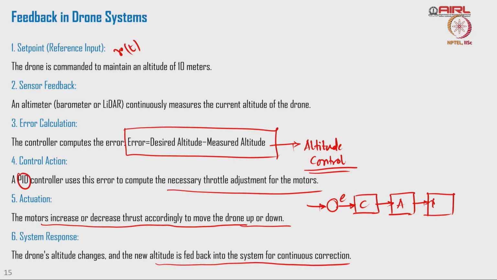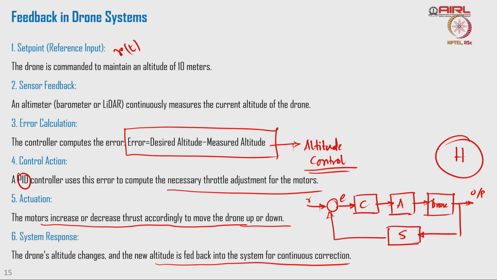Then finally, the drone will take some altitude, and we will check the output. If the output is fine, it is okay, it will be checked from the sensors. If we see that the altitude is not enough, again it is fed back here and we keep on doing this. Okay. Unless the desired output, that is the altitude, which we denote as capital H, is achieved, this correction mechanism will go on.